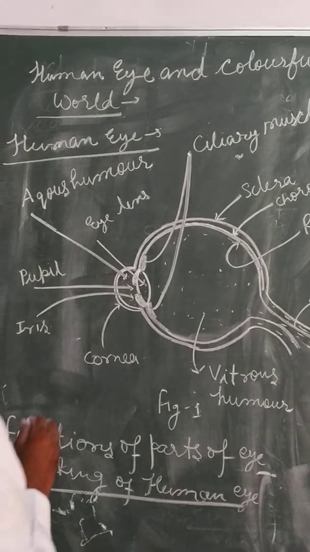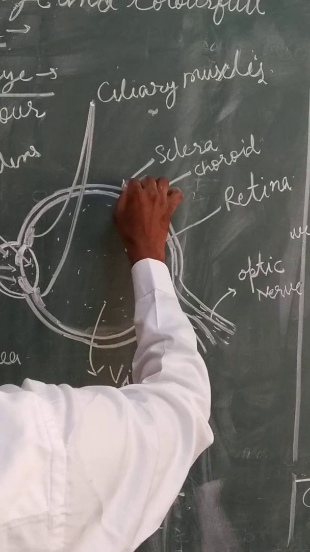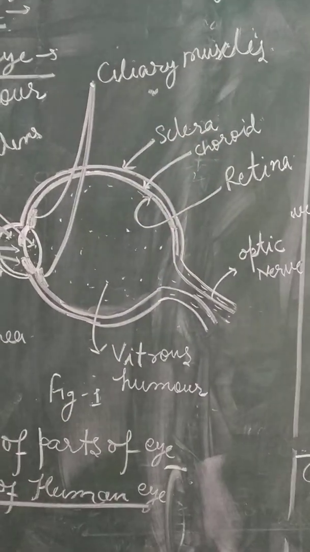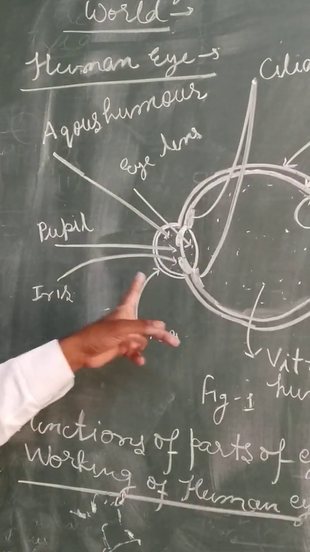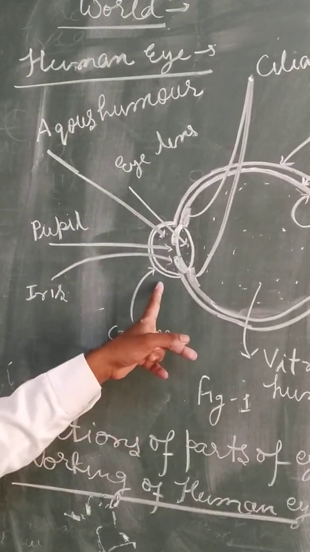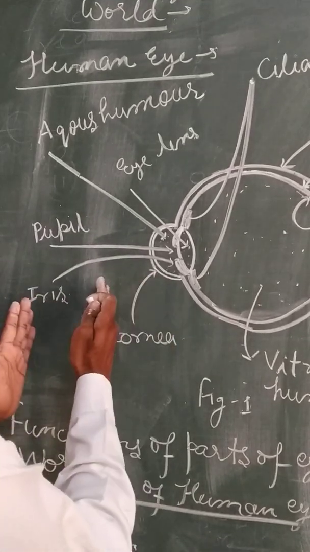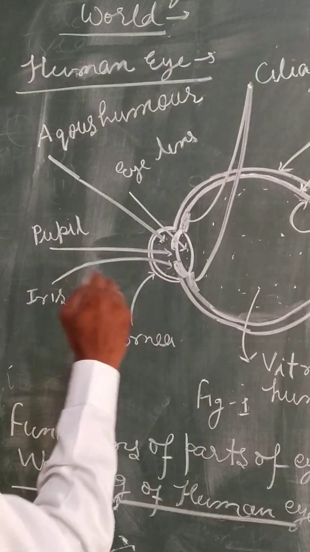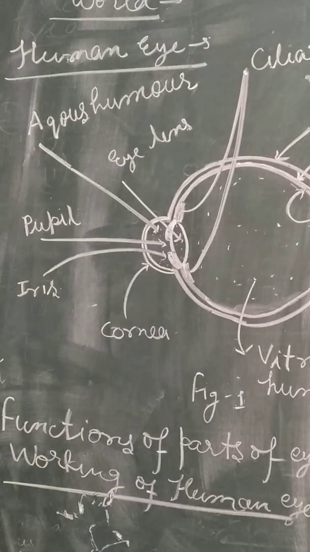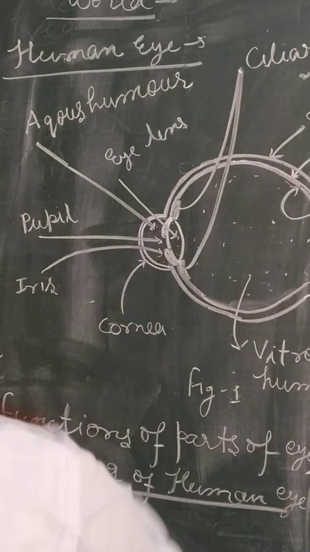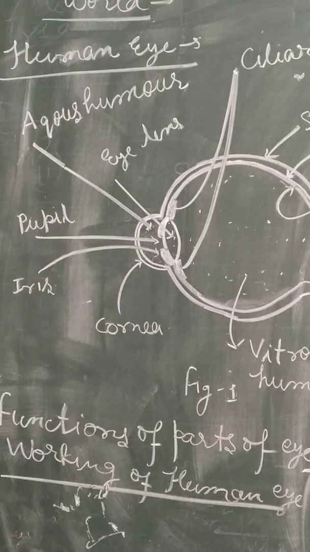In its construction, the outer layer is known as the sclera, and this layer protects from outer infection. In front of that, the transparent portion is known as the cornea, from which light enters. Then there is the iris, which controls the amount of light.